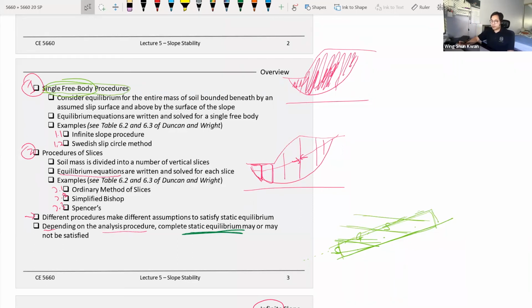For the procedure of slices, we particularly looked at two types: the OMS, the ordinary method of slices, and the simplified Bishop. You will be required to solve those two methods manually for homework 6.